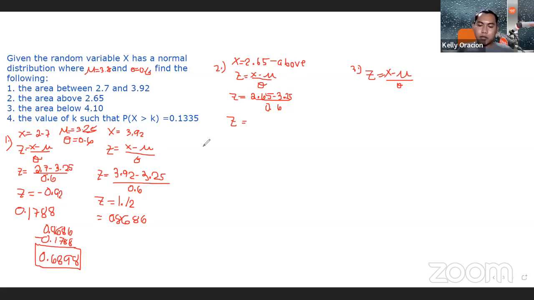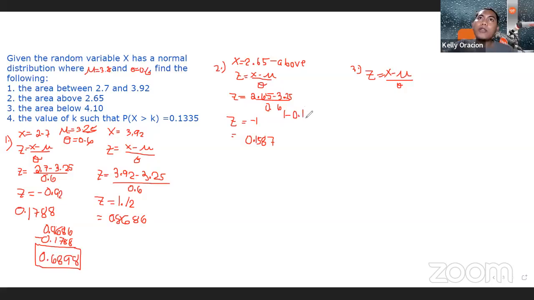Negative 1. What is the tabular value? 0.1587. Congratulations, that's correct. Now, the condition is above. So you are going to subtract the tabular value from 1.